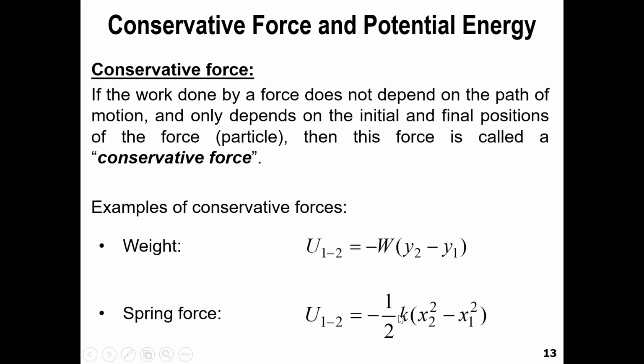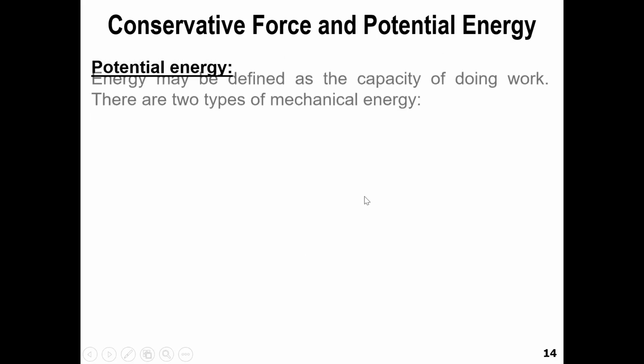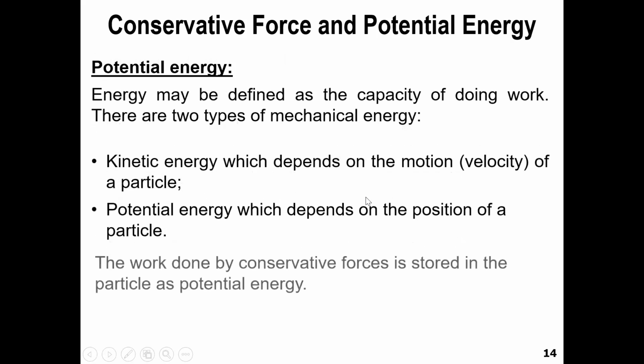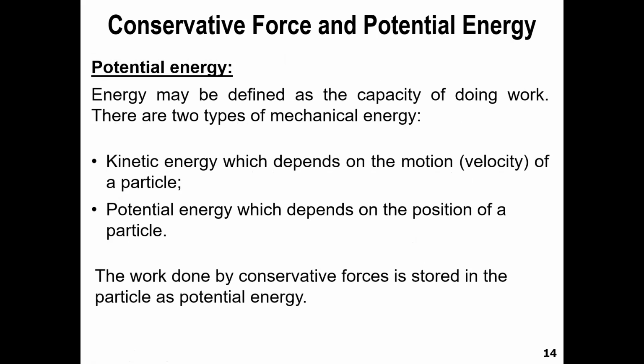These two terms, half k x squared and mgy, only depend on the position. So we can consider them as gravitational potential energy and elastic potential energy, because these energy terms only depend on the position of the particle, similar to what we had for kinetic.